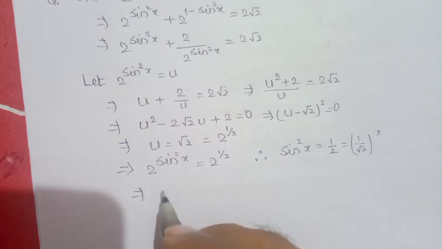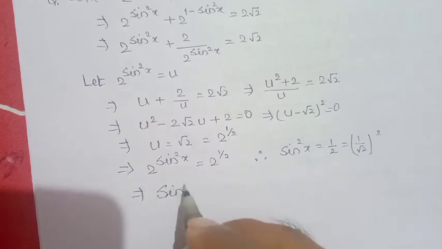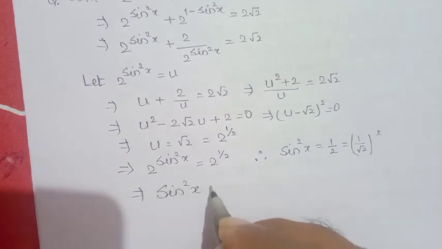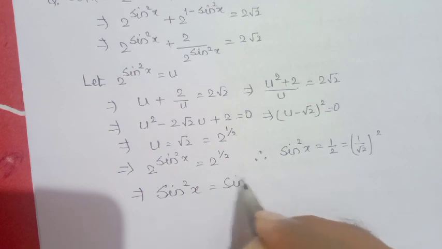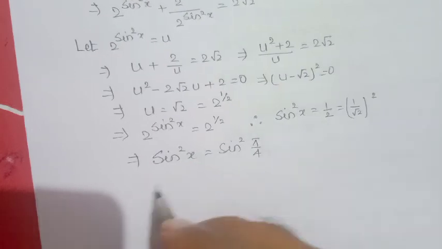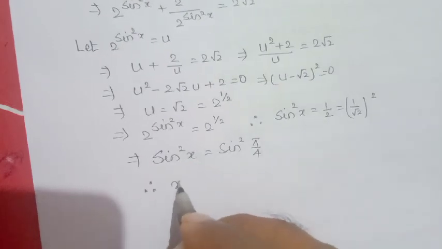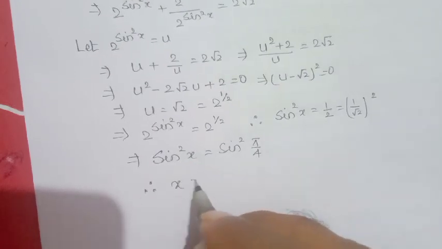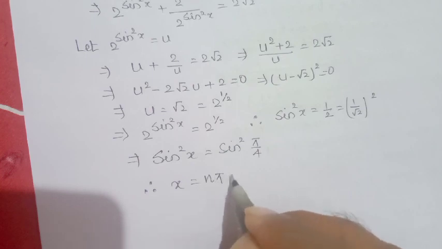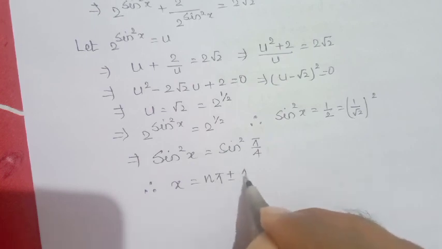So it should be written as sine square x is equal to sine square pi by 4. Thus its solution is x equals n pi plus or minus pi by 4.